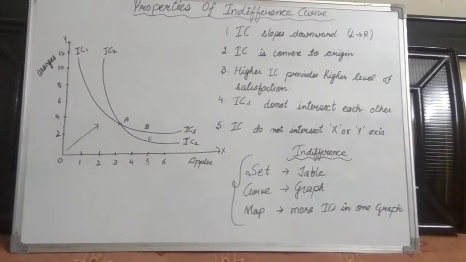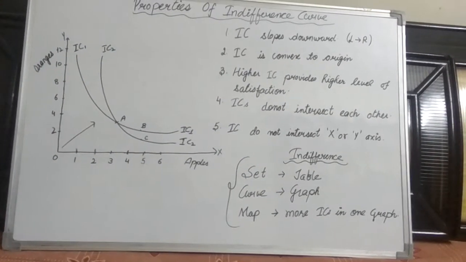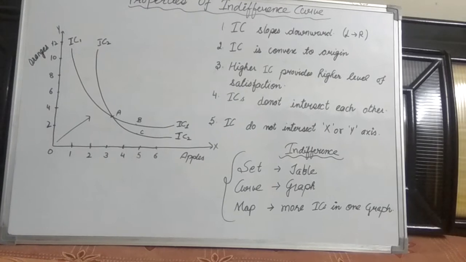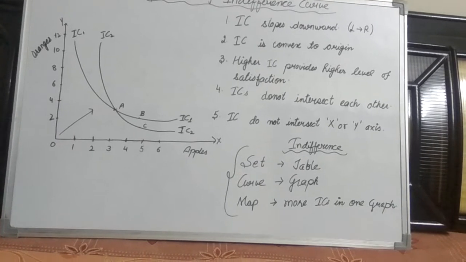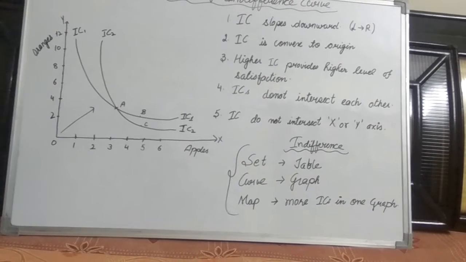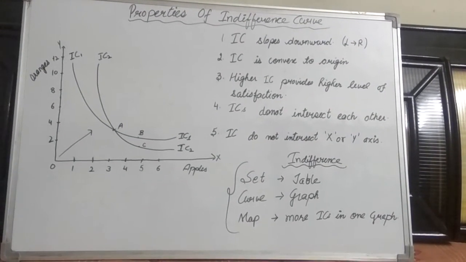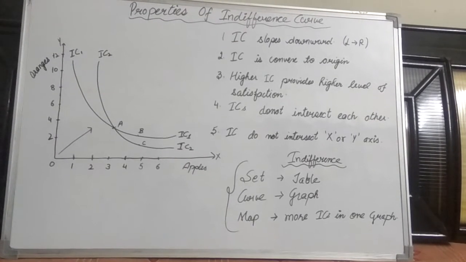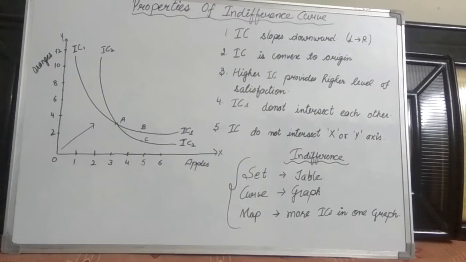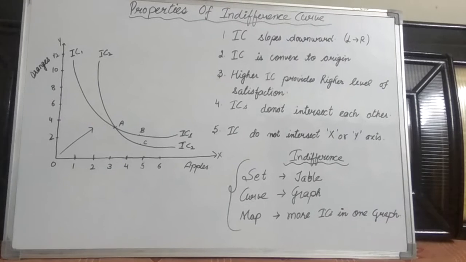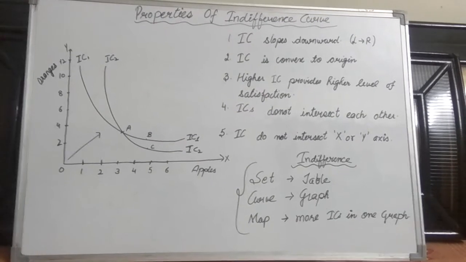Suppose we have two ICs in a single graph, intersecting at point A. Before point A, IC1 is near the origin and IC2 is far away, which shows that IC2 provides a higher level of satisfaction than IC1. After point A, IC1 is far away from the origin and IC2 becomes nearest to the origin, so accordingly IC1 provides a higher level of satisfaction than IC2.